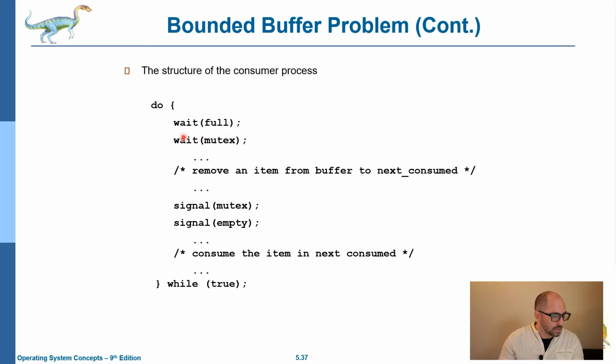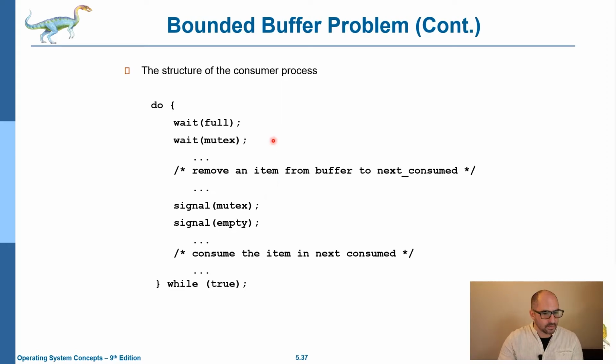Once there is something to be consumed, the critical section is entered after being protected by the mutex, and the next item is consumed from the buffer. When we're done, in the consumer code, we release that mutual exclusion, that lock, and we increase the number of empty slots.